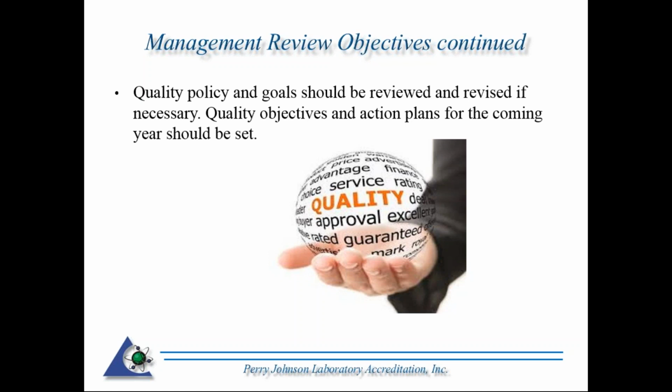The stated quality policy statement and objectives are put into the quality manual, and the management review is a vehicle for reviewing them to see if they are still current, and if there's any needed change to those policies or objectives stated within the quality management system.